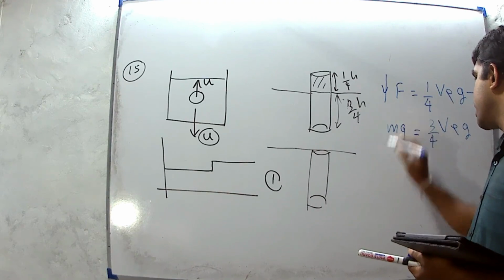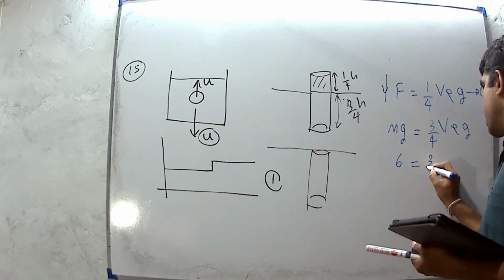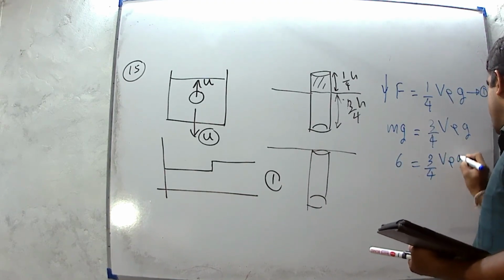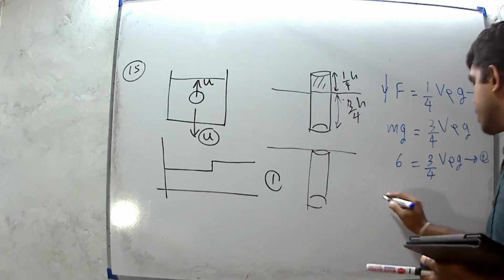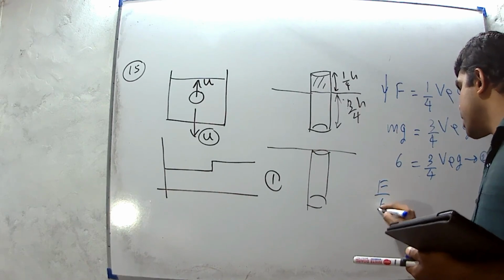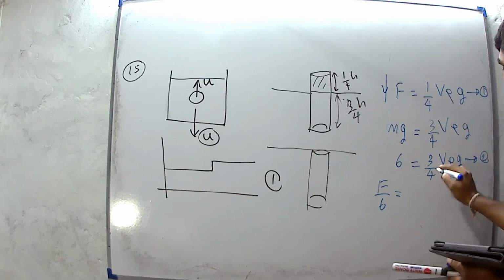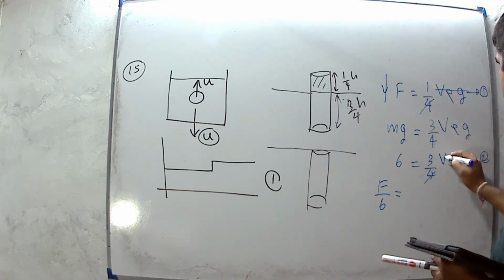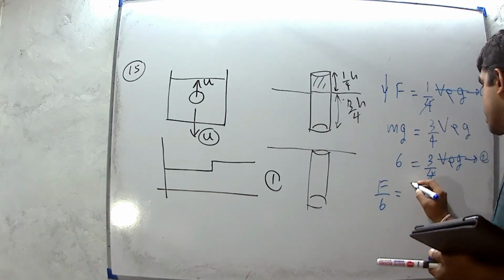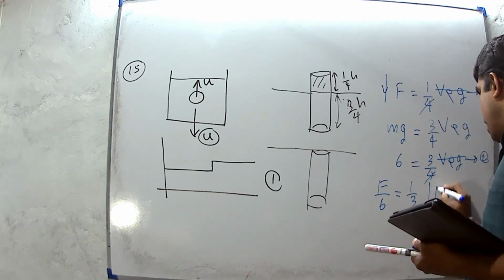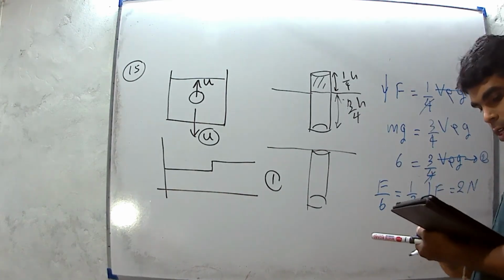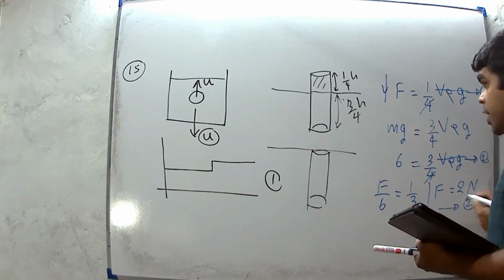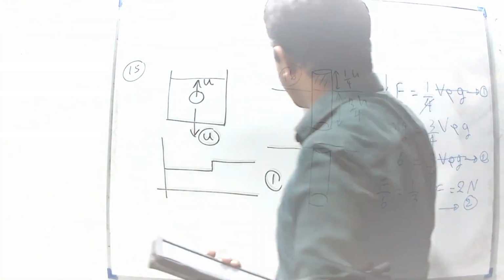So 6 equals 3/4 V rho g, the second equation. And we can divide the two equations. F divided by 6 equals 1/4 over 3/4, where V, rho and g cancel, giving 1/3. Then F equals 6 divided by 3, which is 2 Newton. Then the answer is 2 for question number 16.